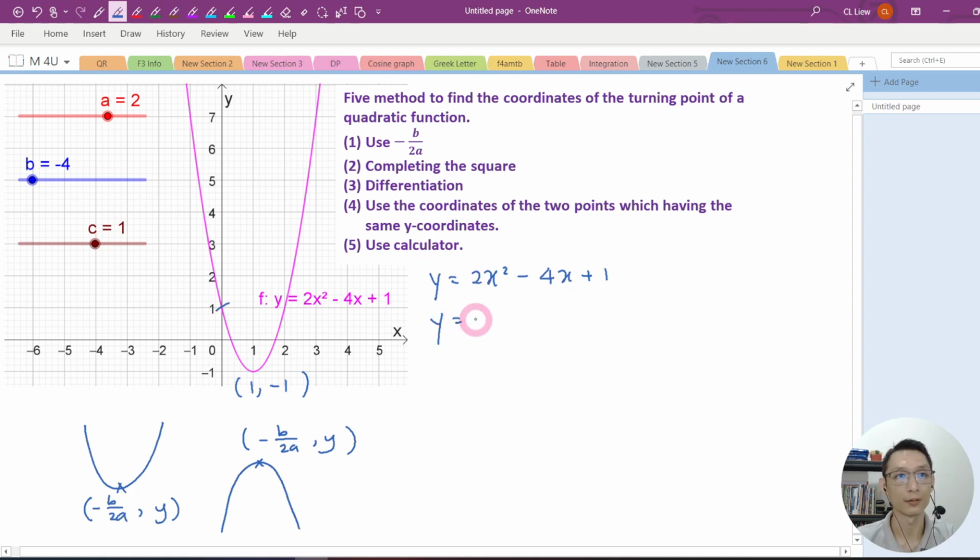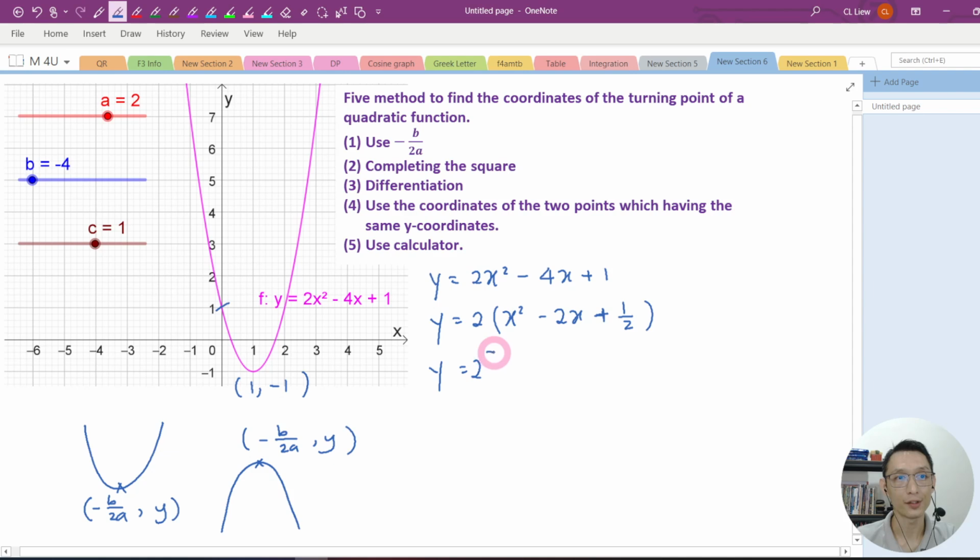Bring the 2 out: x squared minus 2x plus 1 over 2. So I do not change the value. If you distribute the 2 inside the parentheses, for each term inside the parentheses, you will get back exactly the same thing as here. Now, what is the coefficient of x squared now? You don't see anything, it means positive 1. So we can start to complete the square.